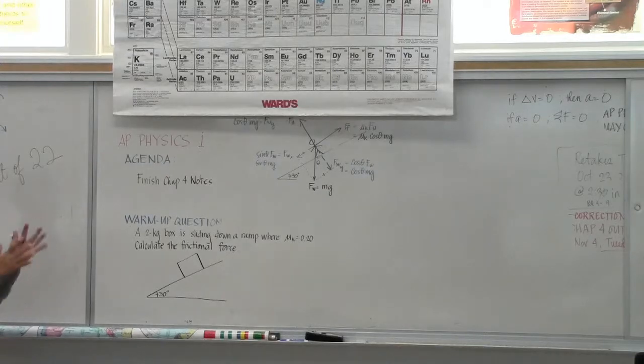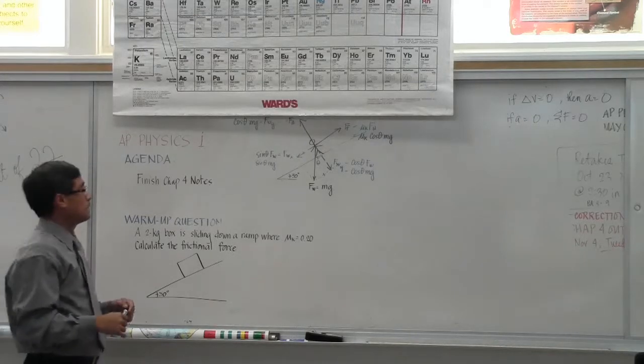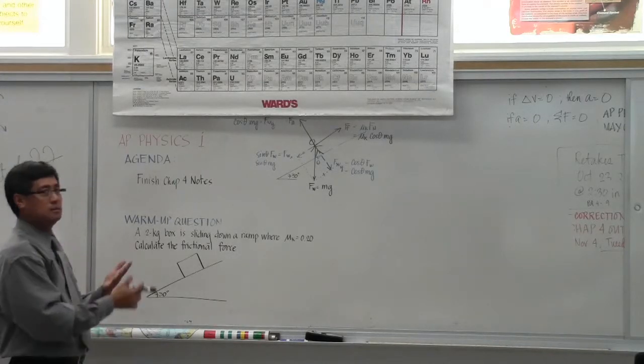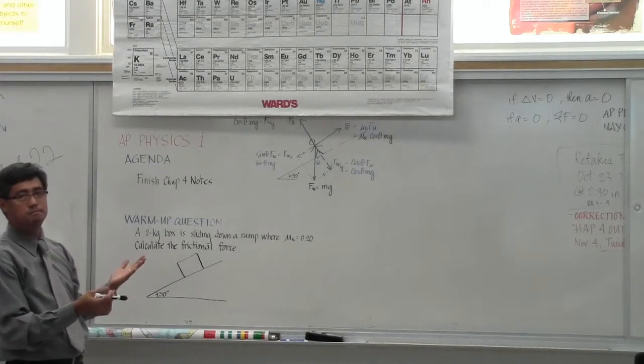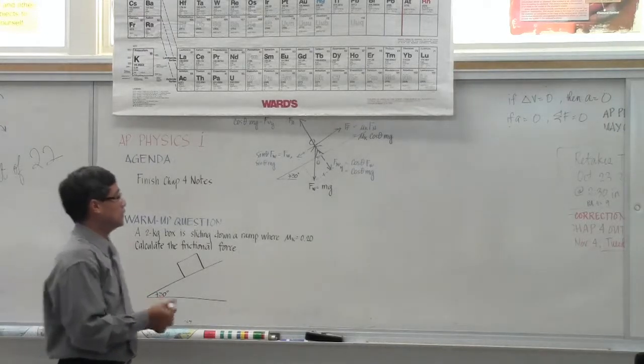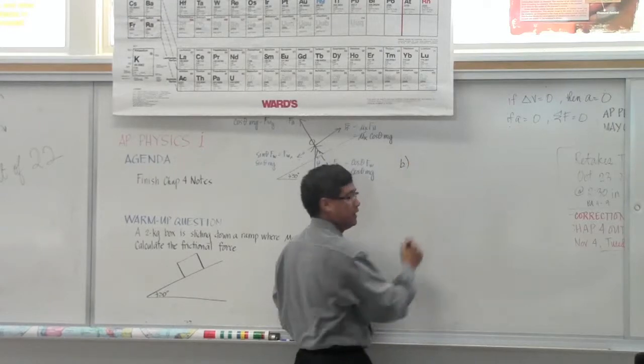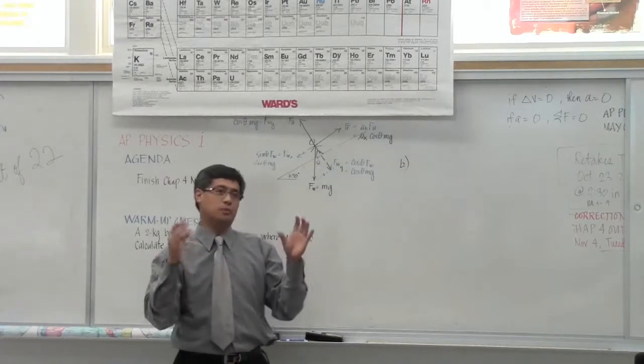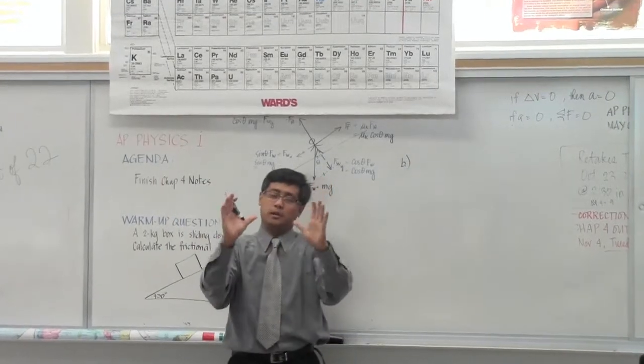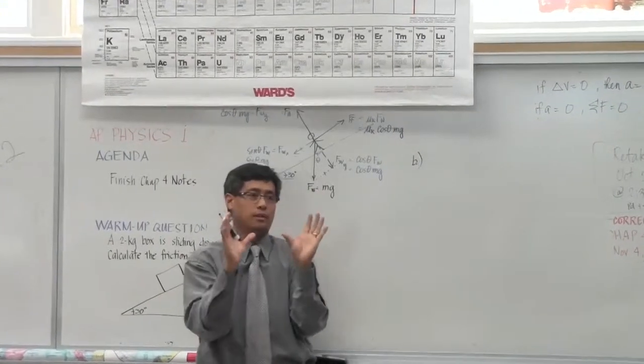Now we have all the forces that we need, and we've broken them down already, right? But have we solved for the acceleration? No. So now let's solve for the acceleration, letter B. Which equation do we start off with?